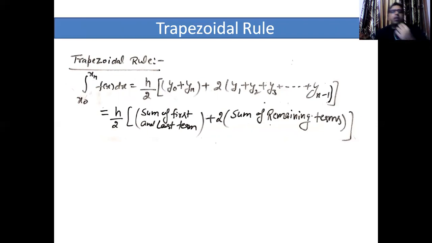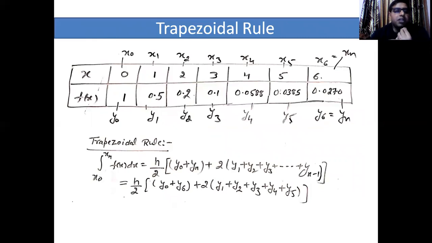So how will we remember this formula? As h by 2 into the sum of the first and last term plus double the sum of the remaining terms.